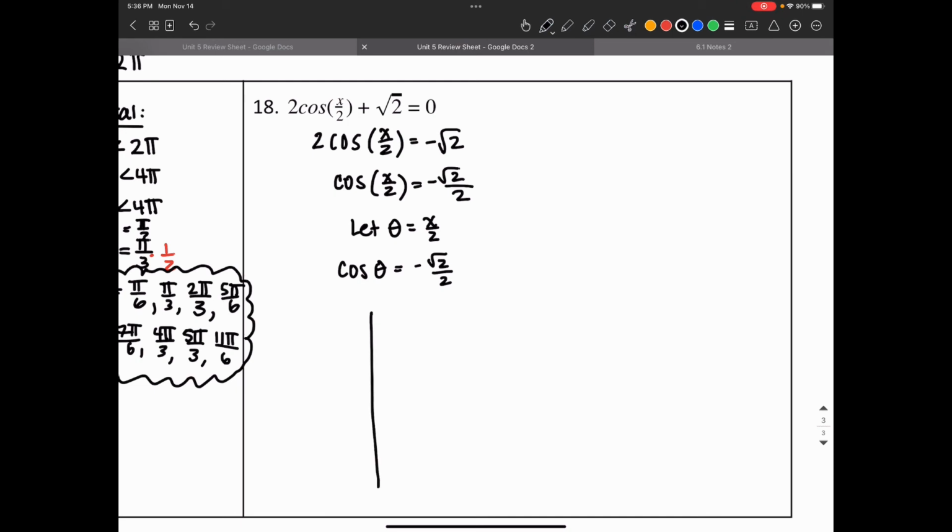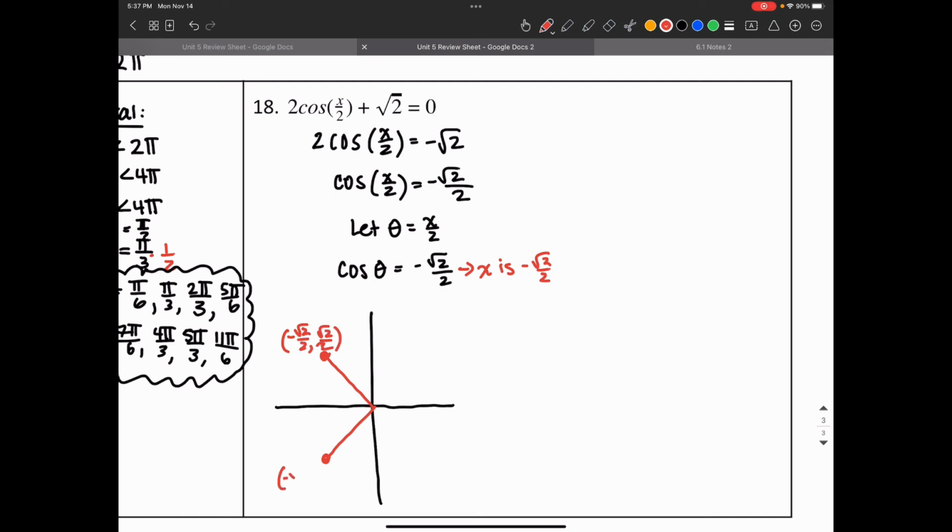I'm going to make a visual for what theta will be. I want the x values. So I want the x values that are negative square root of 2 over 2 on the unit circle. And I know that x is negative in the second quadrant and the third quadrant. And I have the point here. This is negative square root of 2 over 2, comma square root of 2 over 2.